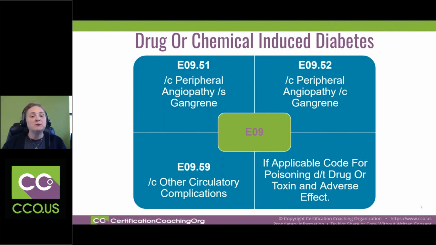Now, remember, the reason these are very specific is because it's drug induced or chemical induced, and these are complications that happen to those patients, or there wouldn't be a code like that. .59 is other circulatory complications. Note, if it's applicable, code for poisoning due to drug or toxins and adverse effects, because that's another code that's available to you that's related to drug or chemical induced.